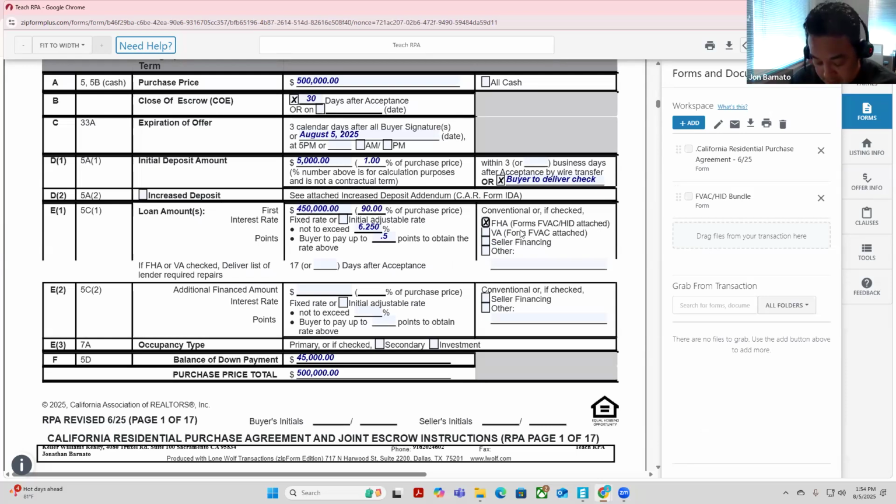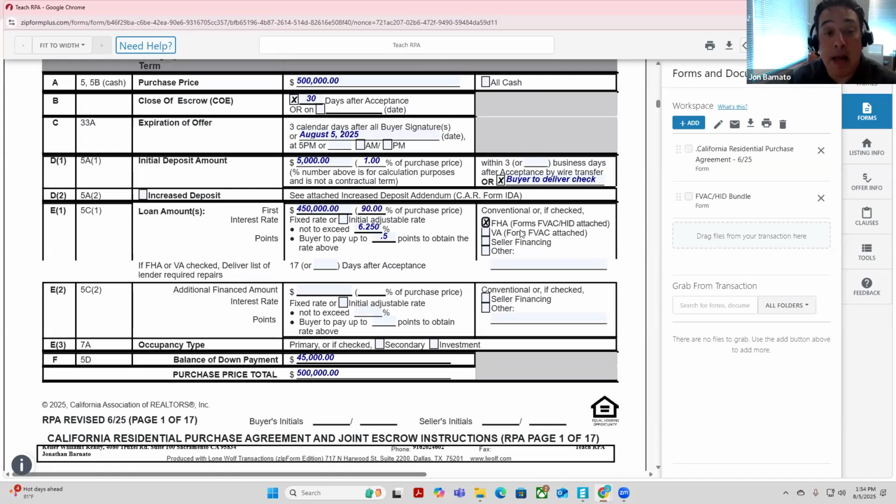There is a reason for this. FHA and VA, you can write what we call a non-contingent offer, right? You could really write an FHA offer saying no contingencies, we release all contingencies.